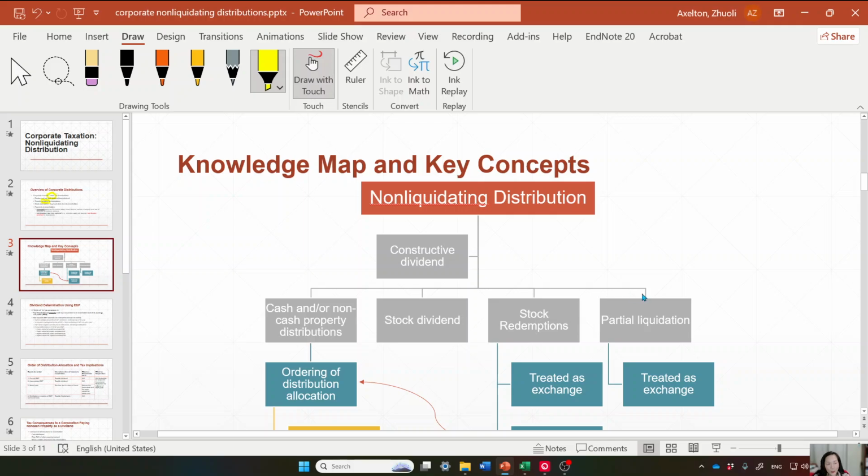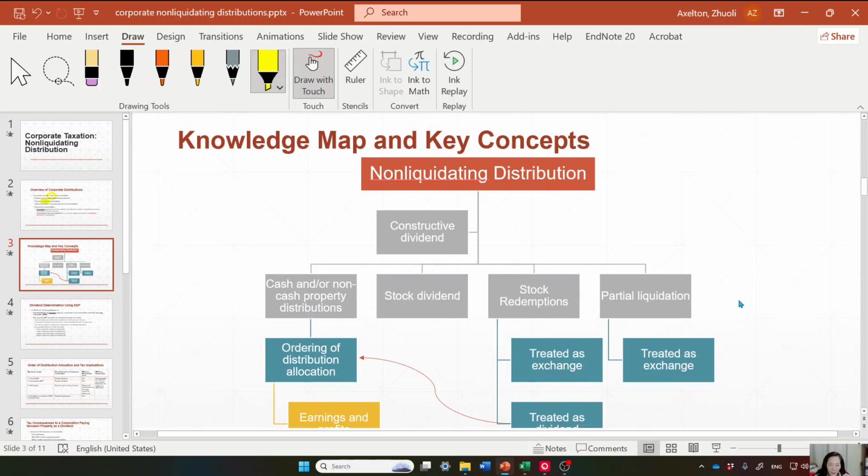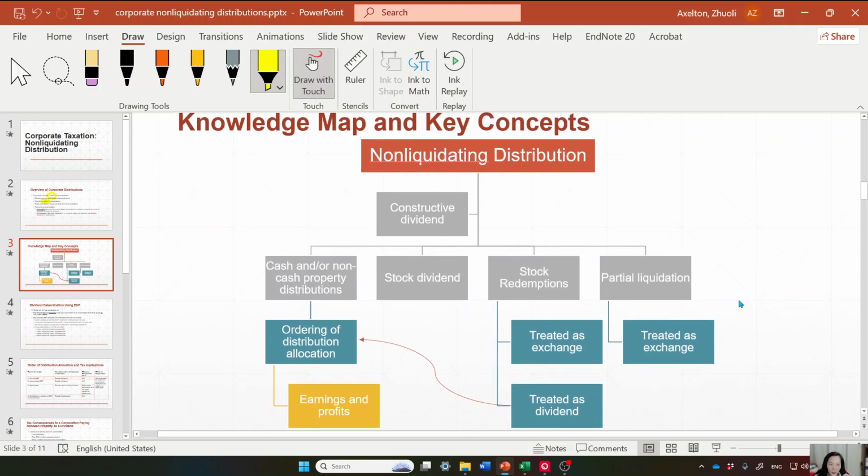Okay, once we understand what a non-liquidation distribution is about, and understand the different forms of distribution, and who the transferor and who the transferee is, now when we look at this knowledge map, or all the different topics covered in this chapter, things will start making a little bit more sense, right?